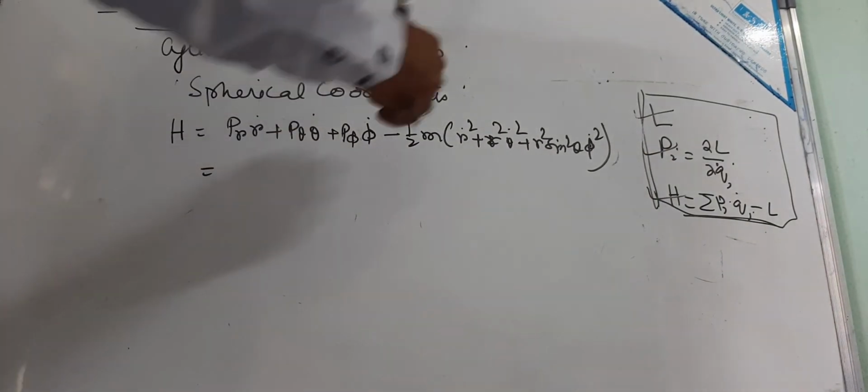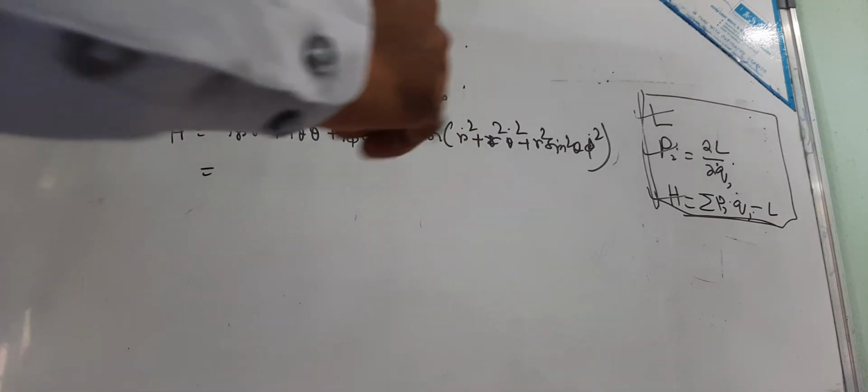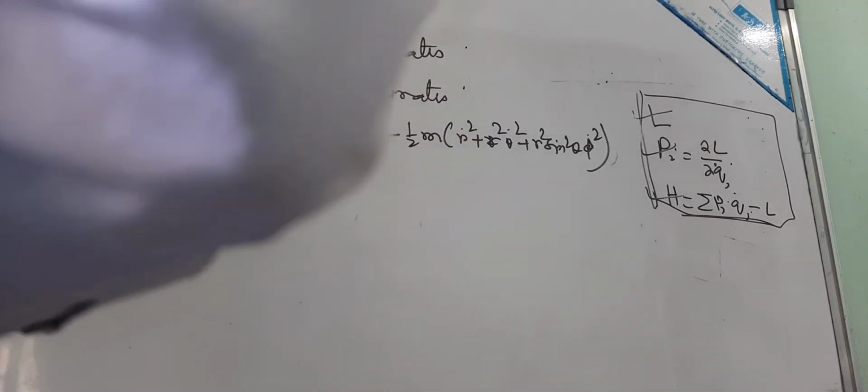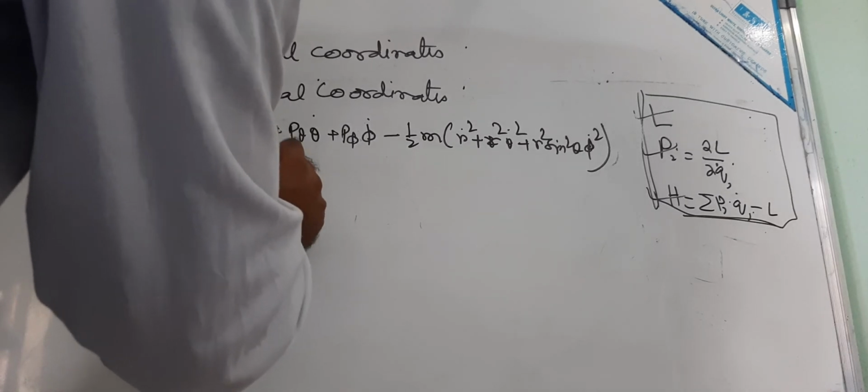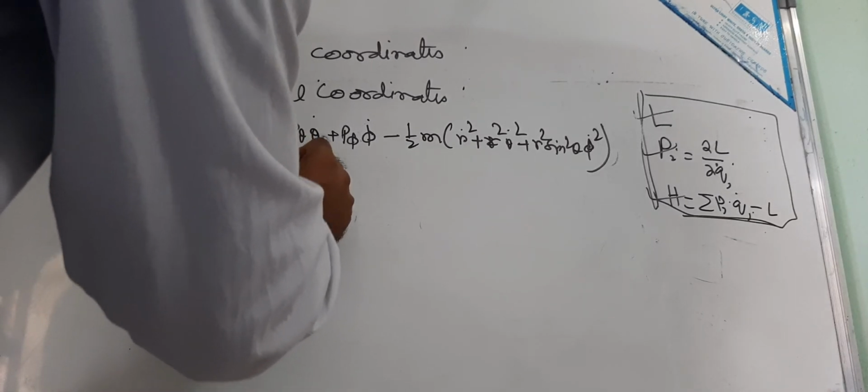And this L equal to how much? This L equal to half m (r dot square plus r square theta dot square plus r square sin square theta phi dot square). So now you put the values of Pr, P theta and P phi. Pr equal to m r dot, so m r dot into r dot, plus P theta.